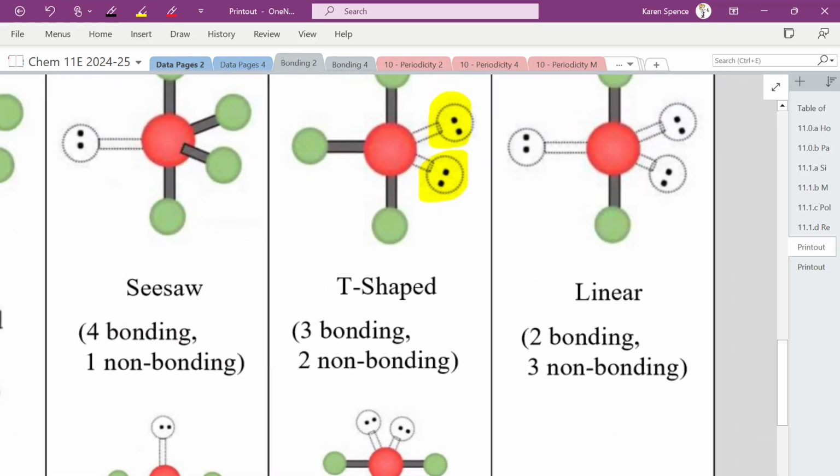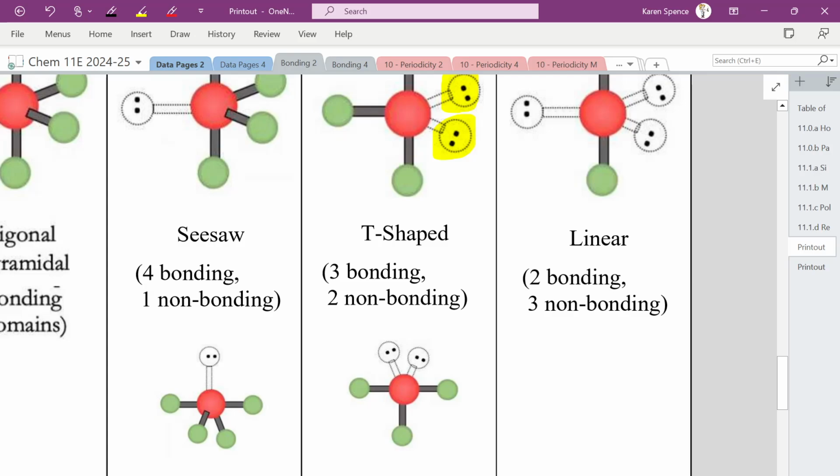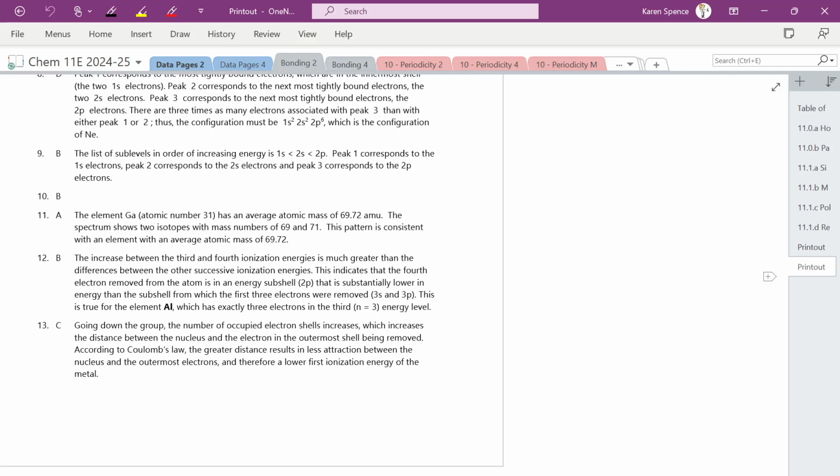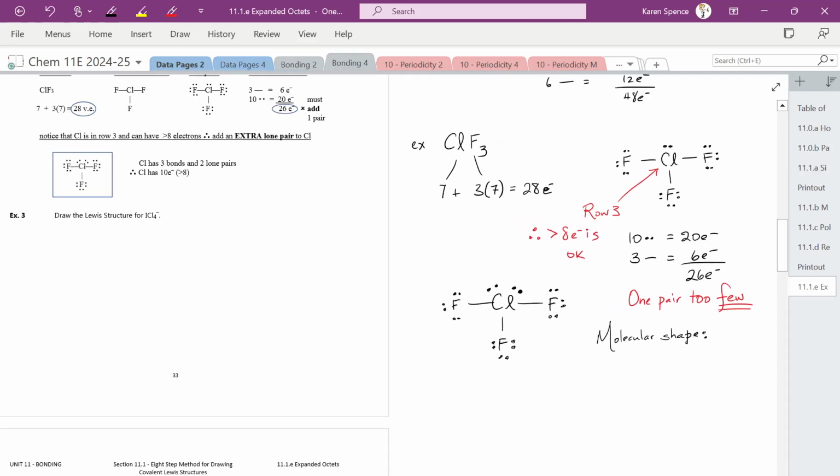So that is T-shaped. And you can see if you turn it sideways, it's T-shaped. Yeah? Okay.